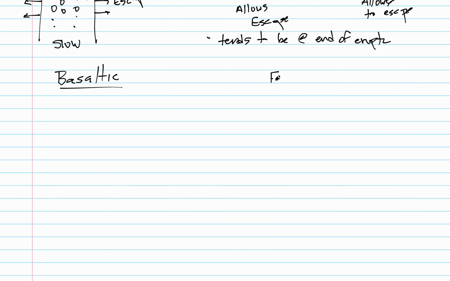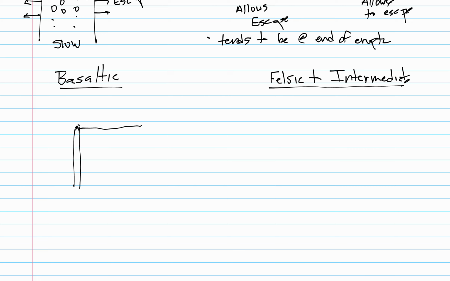And then the felsic to intermediate, they have different shapes. And they have different shapes because of their viscosity. So we could say the shape of the lava flow is viscosity controlled. If we have a basaltic eruption, here's the conduit. Here is our eruption surface. Let's do that over here too. Here's our volcanic conduit. Here's our eruption surface.